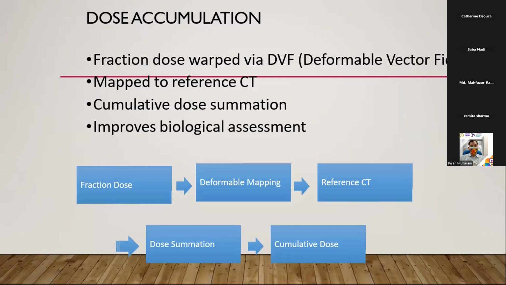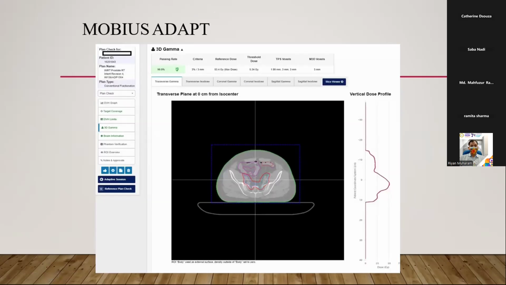Since there is deformation during the course of treatment, deformation is the term used here. As the patient anatomy changes, the voxel position changes. So the estimation of the proper dose is very important here.